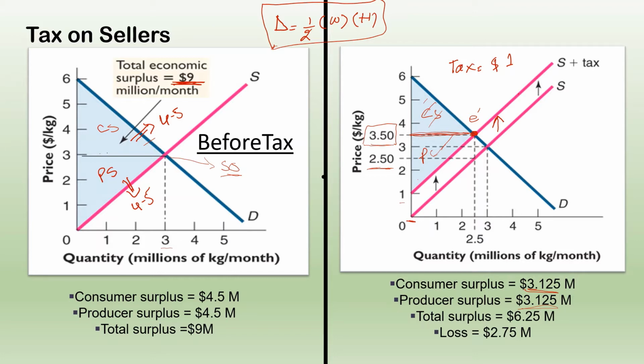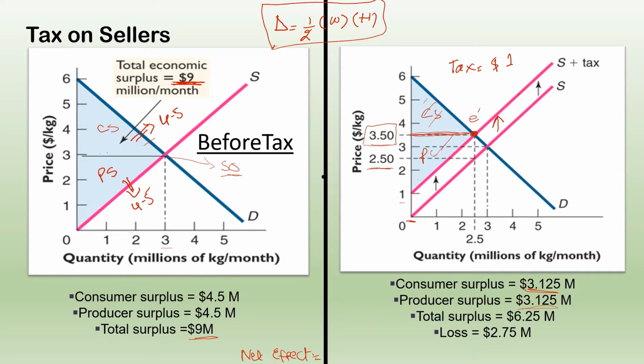In order to see how much efficiency is lost in this market, what we have to do, which is the third step, is to determine the loss in efficiency. We have to take the difference between the total surplus before tax and the total surplus after tax.